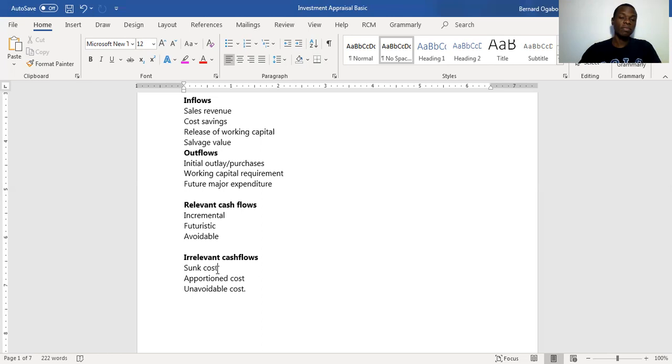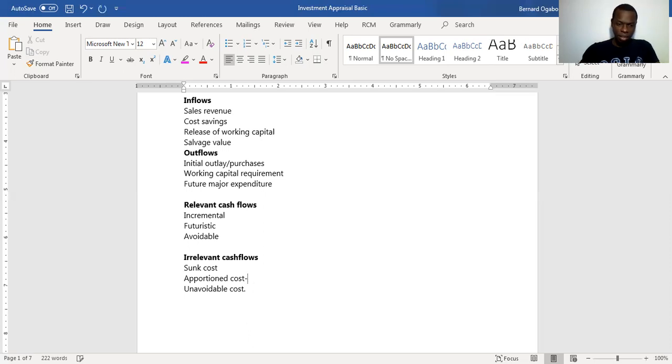It is past investment in fixed assets that has already been done, that is not part of this new investment. A sunk cost is past. Then apportioned costs. The cost that I should recognize should be directly attributable to this investment, not the ones that are apportioned.